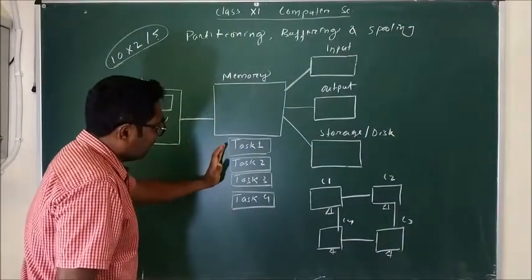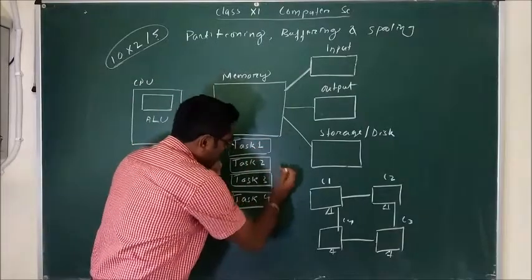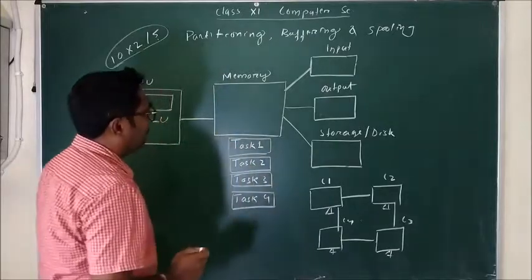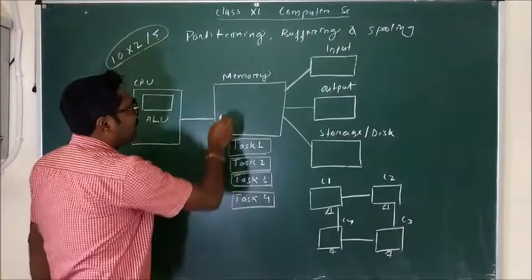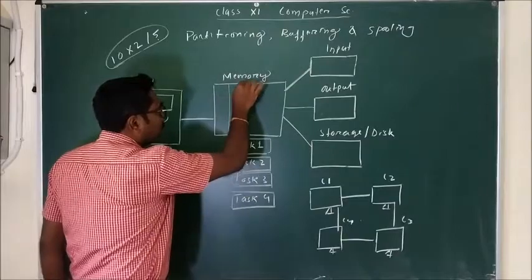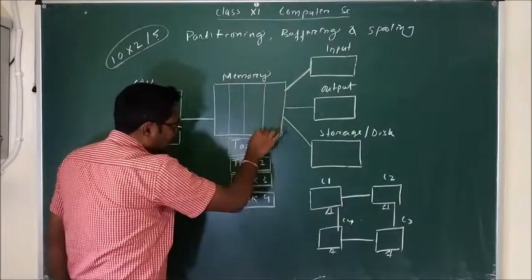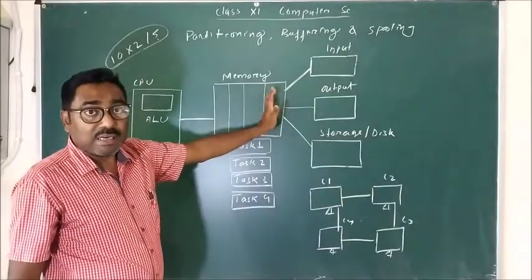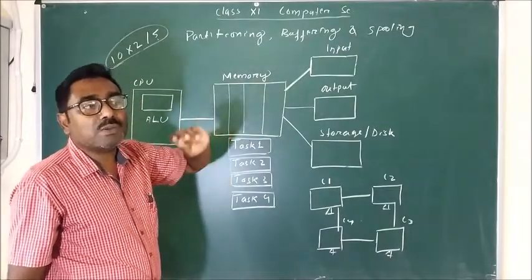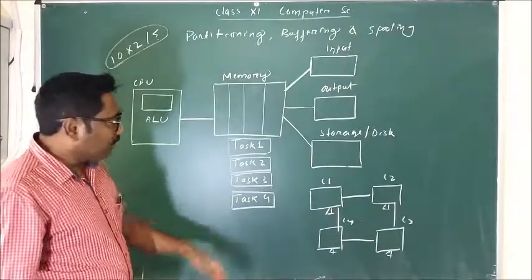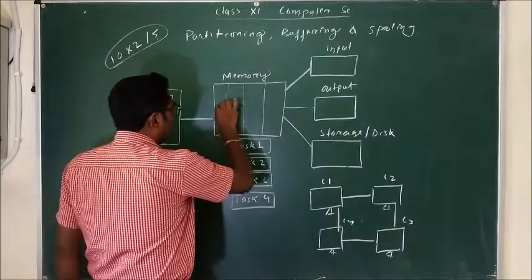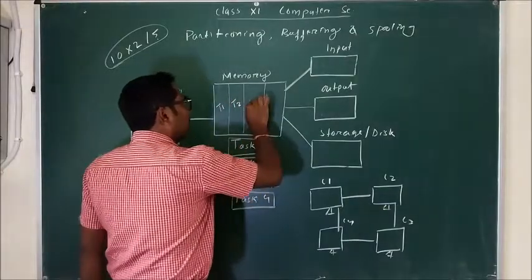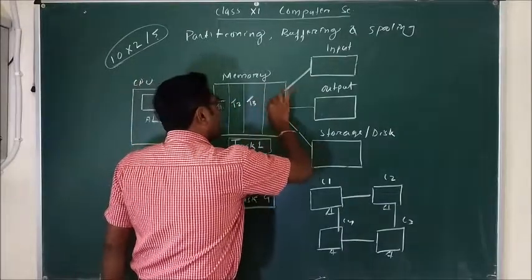In the case of partitioning, these 4 tasks are moved to the memory at a time. That means the total memory is now divided into, suppose, 4 parts. Each of these parts is known as a partition. Now suppose here task 1 has been stored, here task 2, here task 3, here task 4.